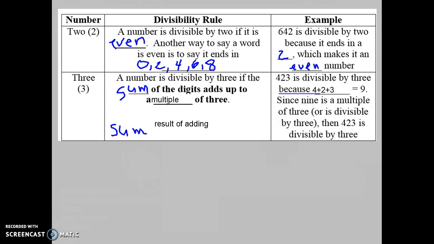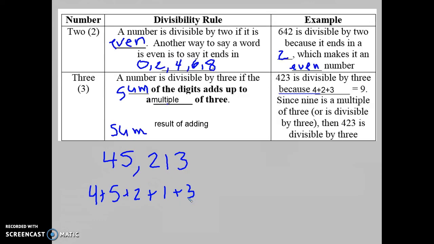So the tricky part is when your number is really, really large. For example, what if my number is 45,213? And if I add up all of these digits, I'm going to do 4 plus 5 plus 2 plus 1 plus 3.